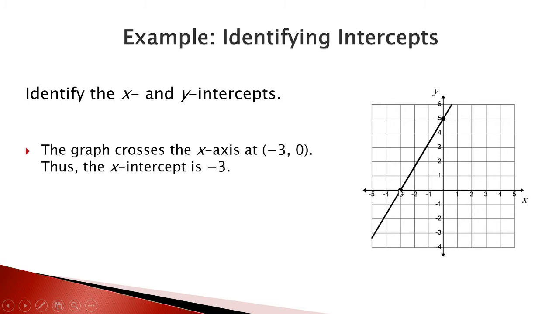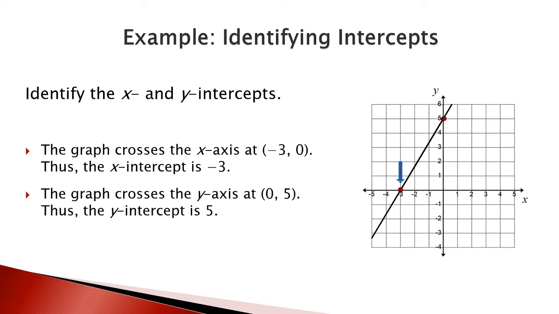When we write the ordered pair at this point, it will be (-3, 0). So the x value of this point is -3, so the x-intercept is -3. And the y value at this point is 5, and therefore the y-intercept will be 5.